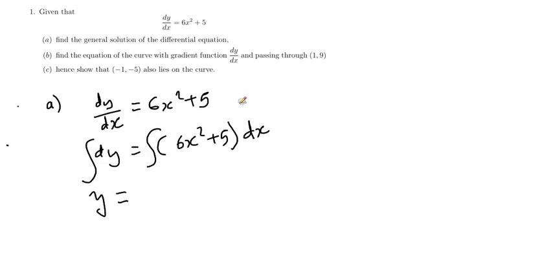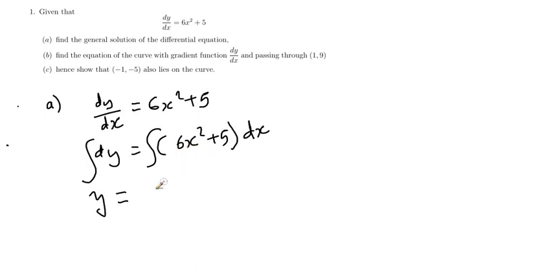When you're differentiating, you reduce the power by 1 and then you drop the power and multiply it with this term. So we need to do the reverse when doing integration.